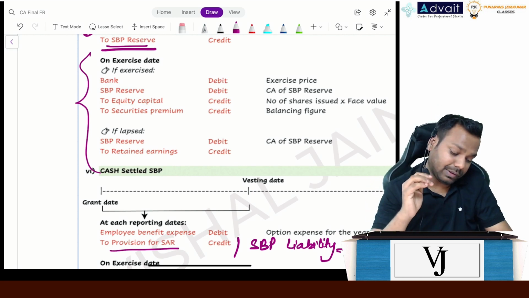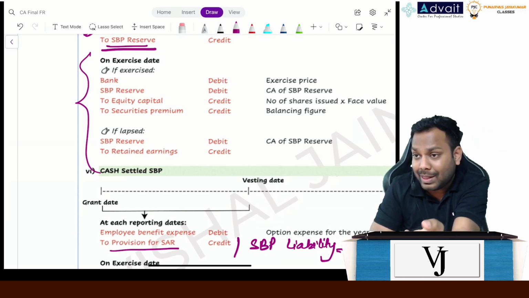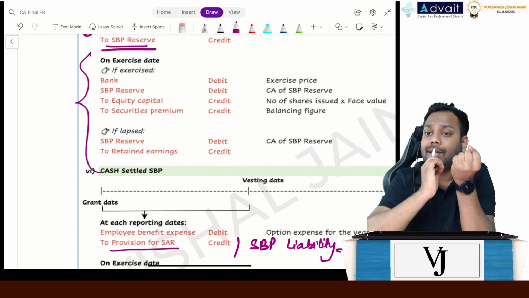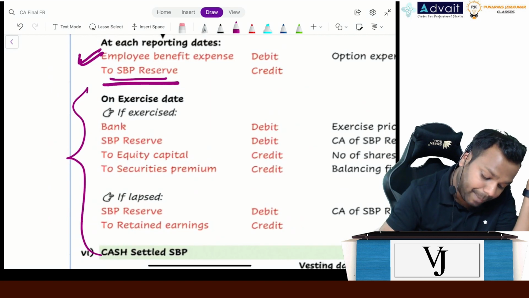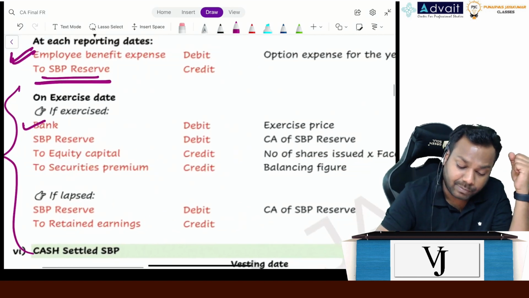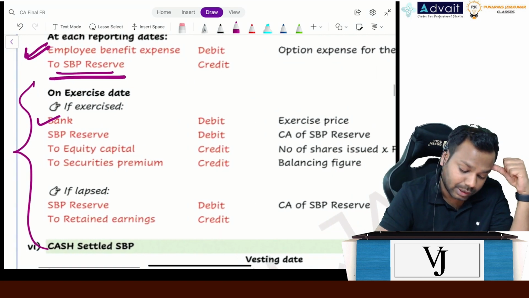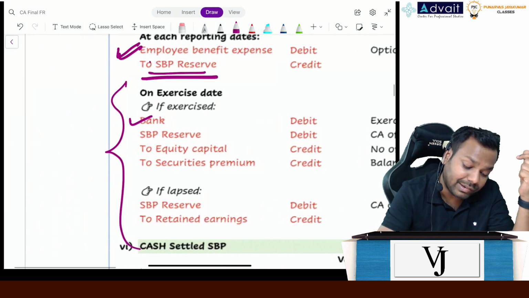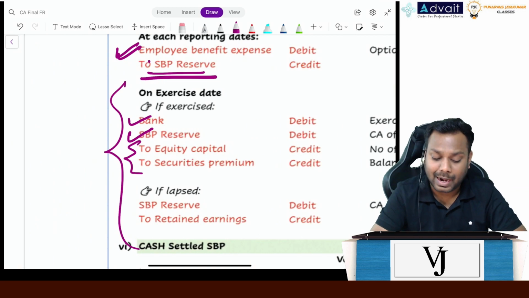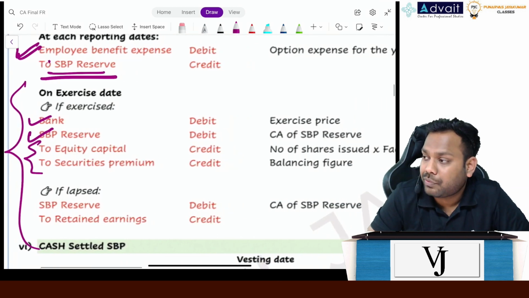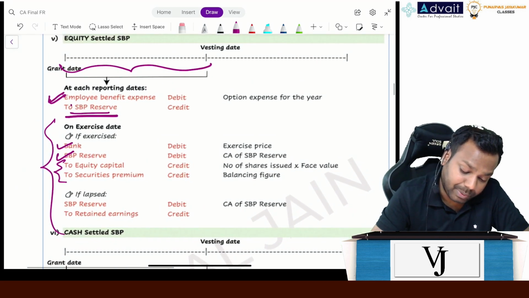The company will first call the exercise price and then give the shares. So what is generally to be done? Bank account debit for the exercise price. Then I will debit the share-based payment reserve, which I have recognized, and from there I will issue equity capital, and whatever is the differential, I will transfer to securities premium.